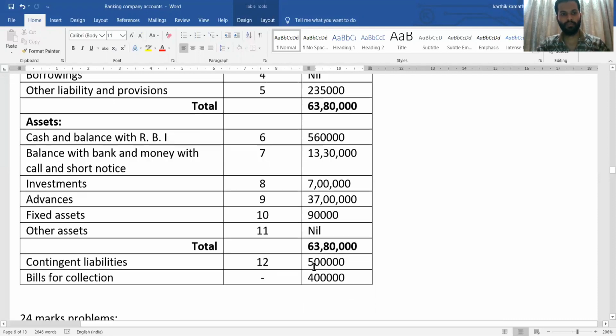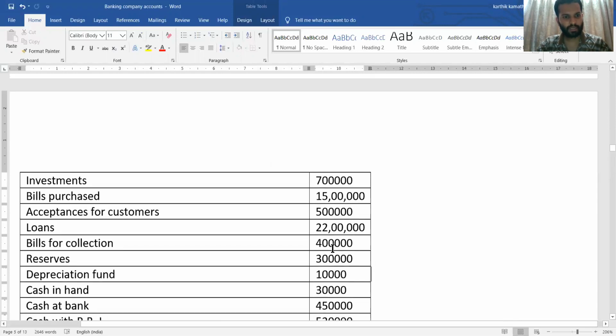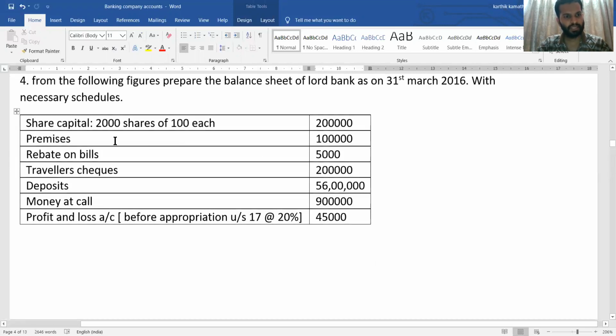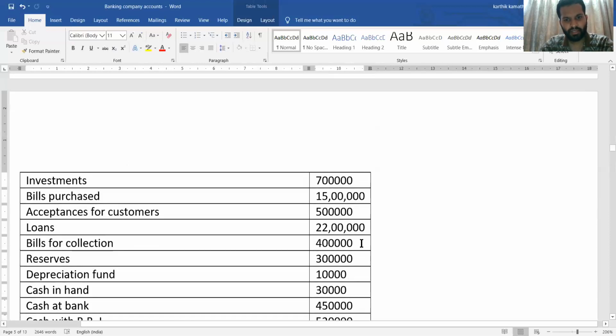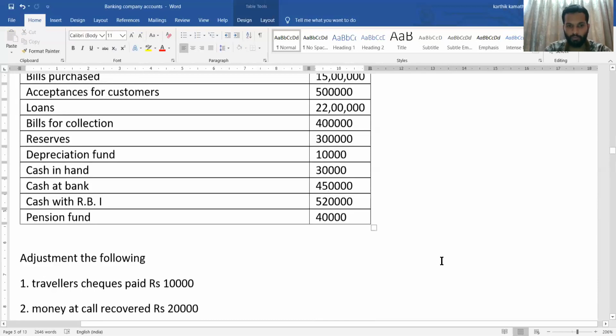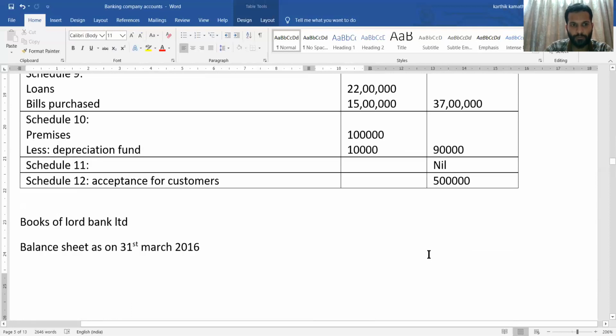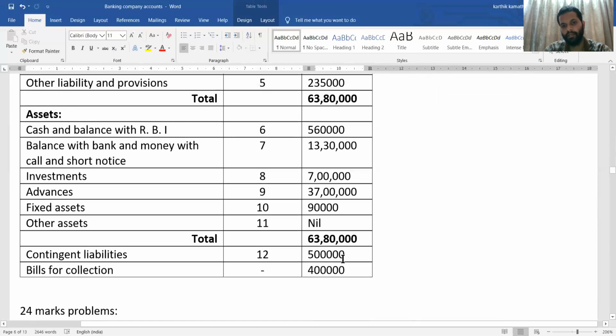Is that information given in the question? Yes, bills for collection is given, and it is to be shown separately, not under contingent liability. You need to write that heading itself, bills for collection, 4 lakh. You show 4 lakh separately in the balance sheet. So this is the format of the balance sheet.